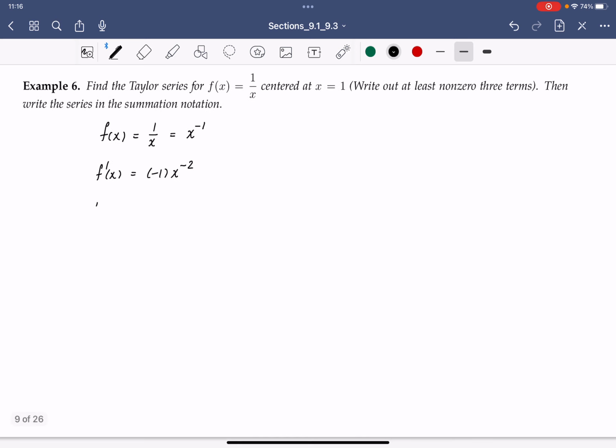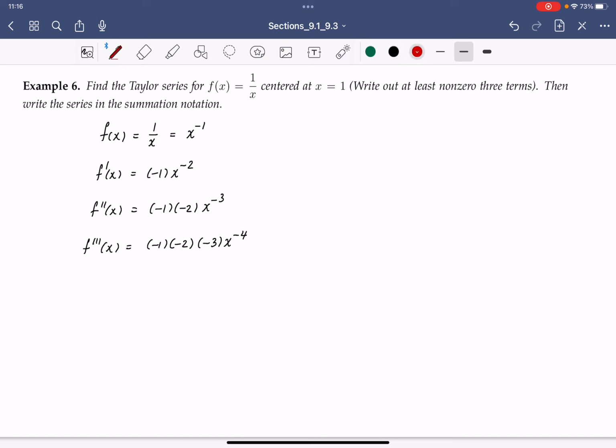Then you differentiate the second time, you get negative 1 times negative 2 times x to the negative 3. The third time you get negative 1, negative 2, now negative 3, x to the negative 4. You can do this until you feel comfortable with the pattern. If you feel like you know the pattern already, you can stop.